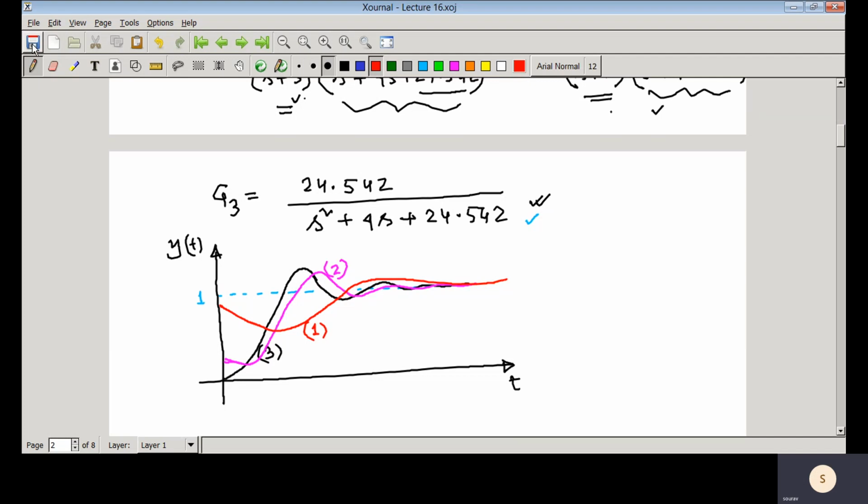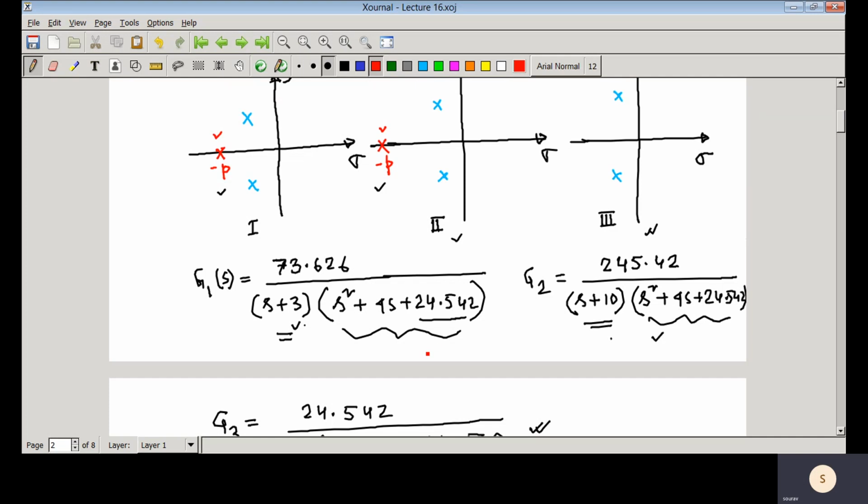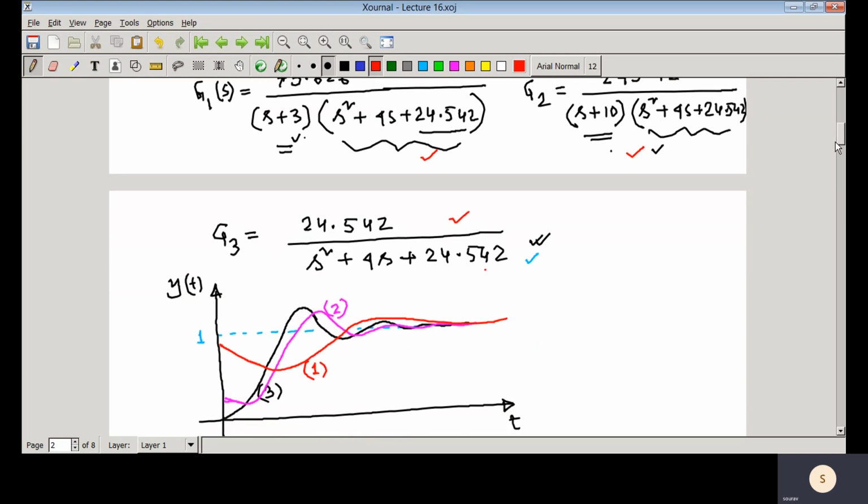So that means you can see here that these are the 3 transfer functions. Whenever there is no pole introduced to that transfer function, or we can say that pole is placed at minus infinity, then the black one is the underdamped time response of that second order system.